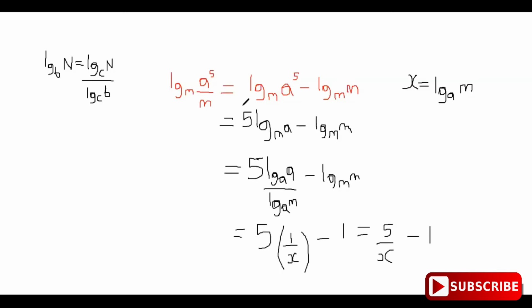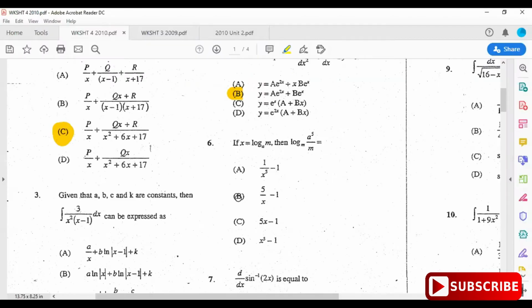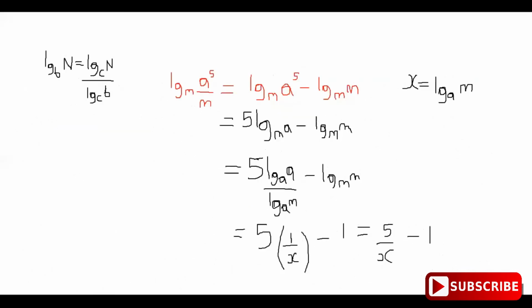So here it is again. 5 times the log of m to the base a. If I want to change this base, it's going to be 5 times the log of a to the base a divided by log to the base a of m.